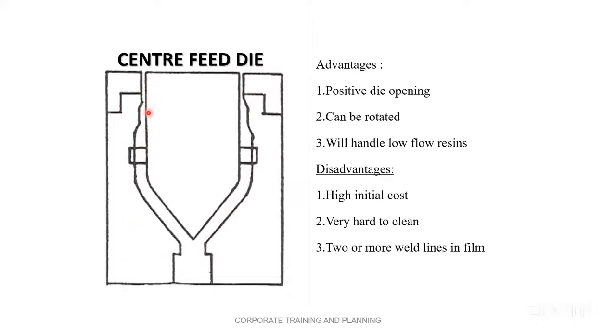It can be rotated, and low flow regime can be handled easily. What are the disadvantages? High initial cost. To fabricate and to design such a die, it requires skill and therefore high initial cost.